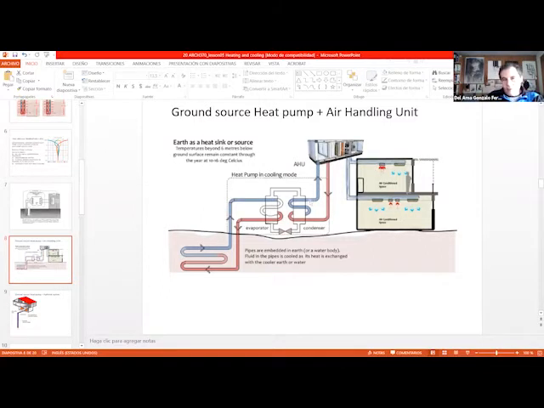But we can connect this to radiant floors, radiators, anything that runs on water. So here we have a cooling or heating coil, and we can connect this air handling unit to the ground source heat pump.